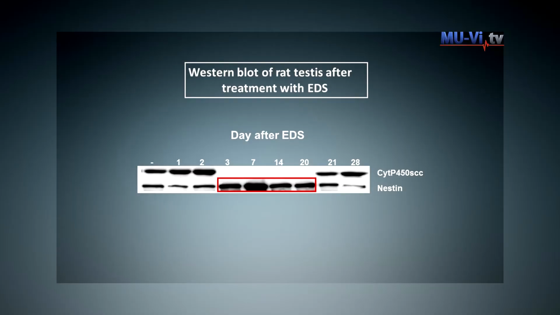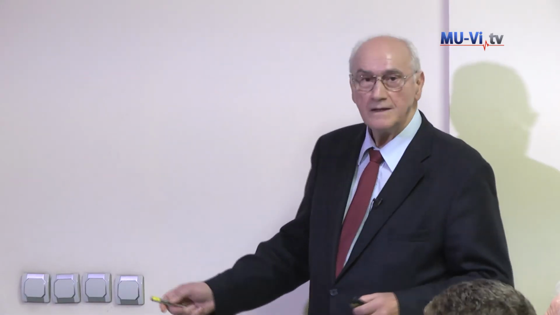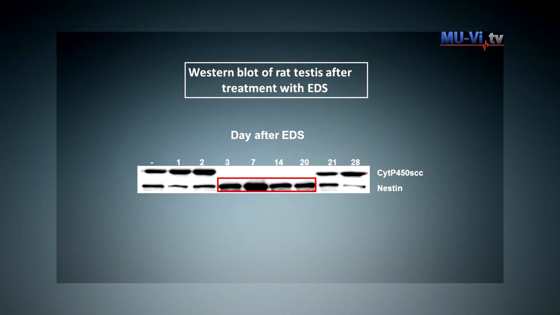At exactly this time, a very high expression of the progenitor cell, the stem cell factor nestin, can be seen. And here, at this time, begins the building of the transient amplifying cells or young Leydig cells. The cytochrome becomes stronger. In contrast, the nestin becomes smaller and very, very low.